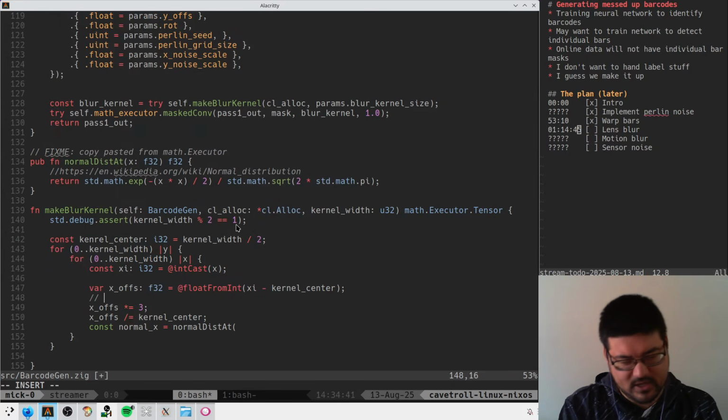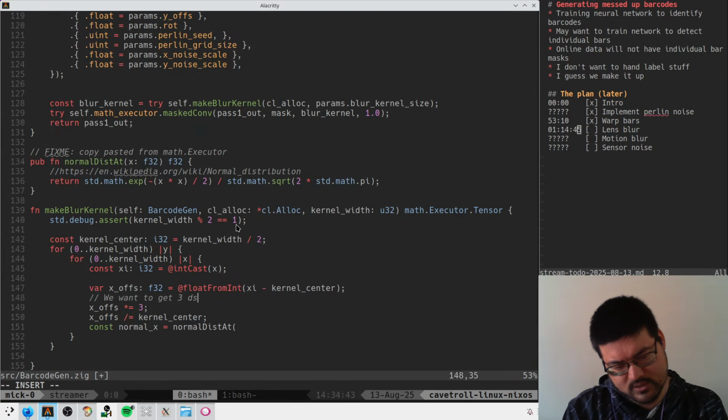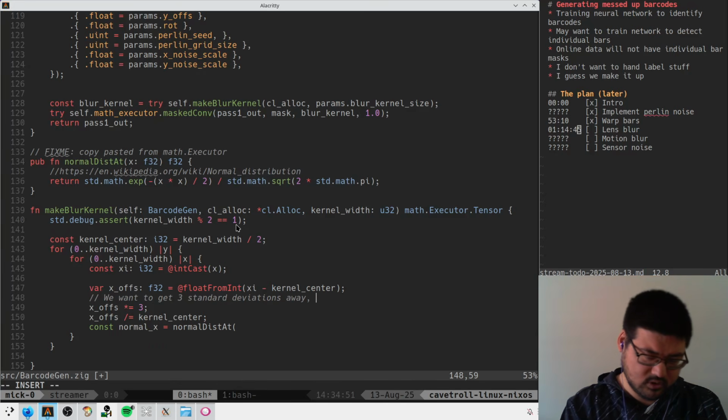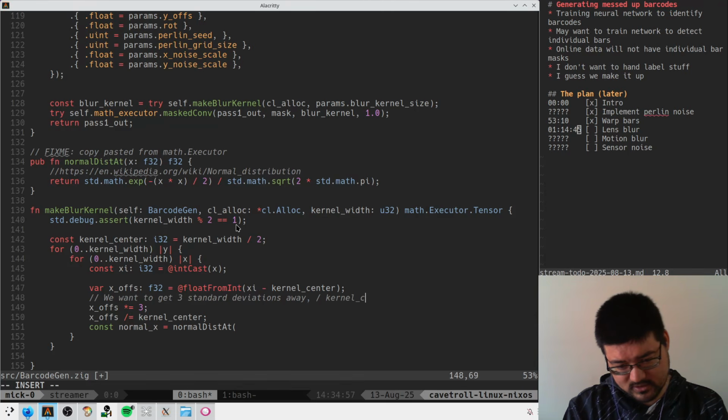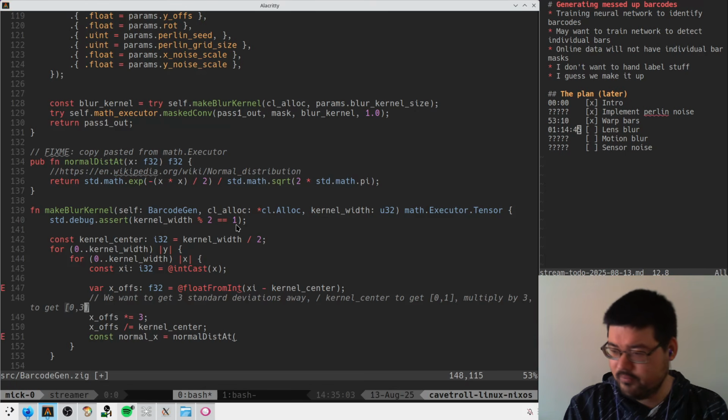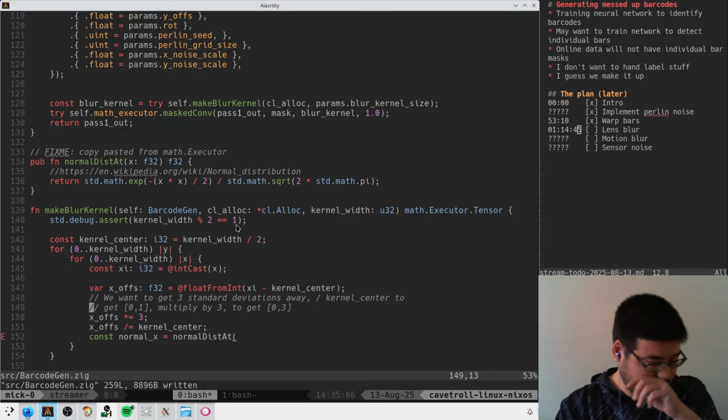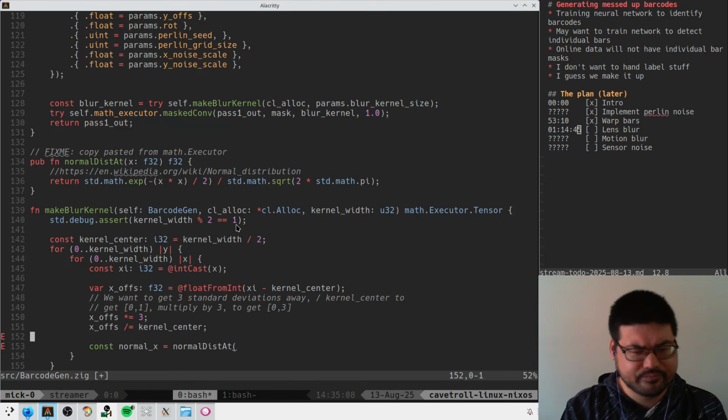So here we'll just say we want to get 3 standard deviations away. Multiply by 3, divide by kernel center to get 0 to 1, multiply by 3 to get 0 to 3. Okay. I think that makes sense.